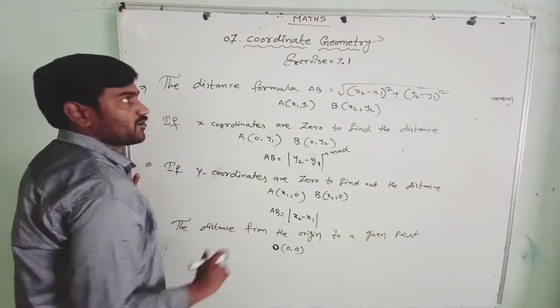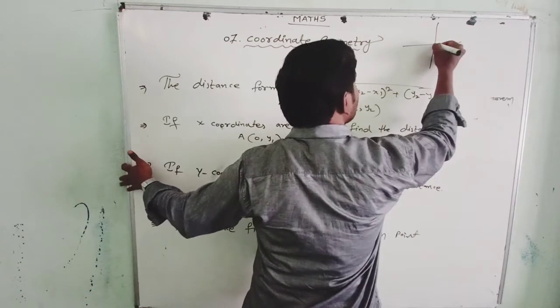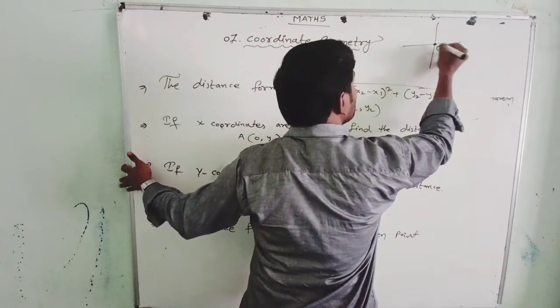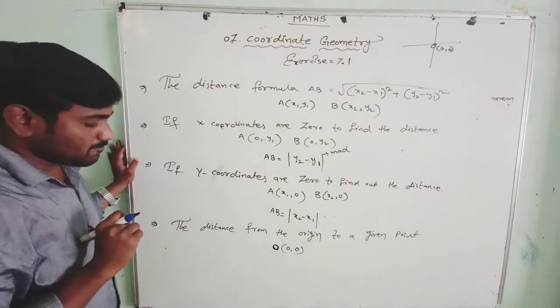That is called the origin point. Origin means where the x axis and y axis intersect. At the origin, the x value is 0 and the y value is 0.